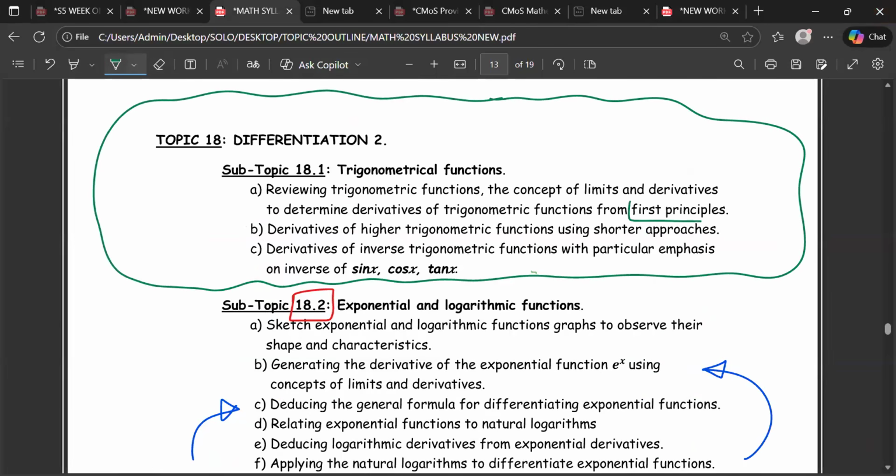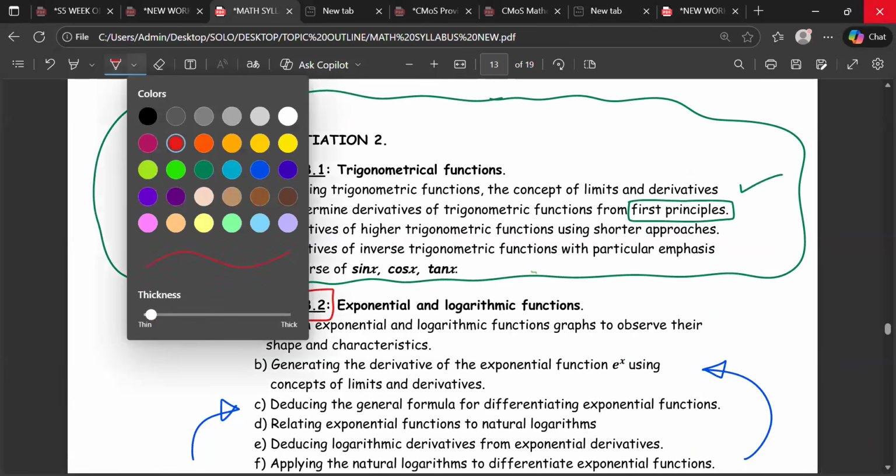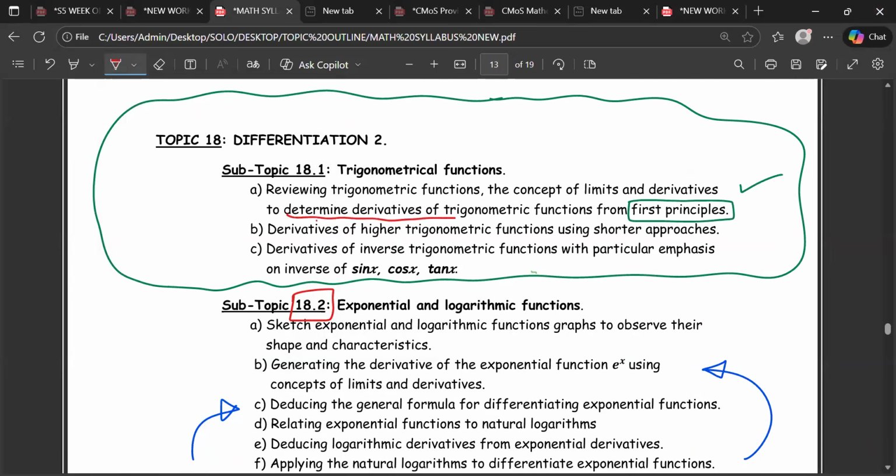As far as first principles are concerned, you know what we said. But for determining derivatives of trig functions, we have tried. We are done. What we have not done are first principles, and you know what we are going to do. Then higher trigonometry using shorter approaches. You all know we have been dealing with shortcuts throughout the lesson. So we have achieved that learning outcome perfectly. So the remaining part will be part C for the inverse.